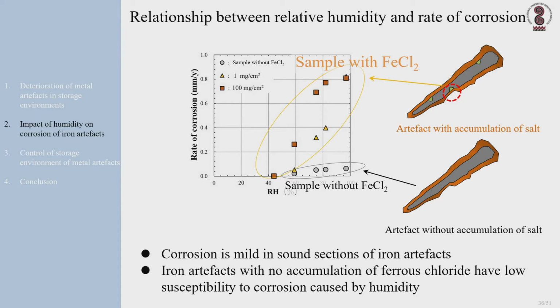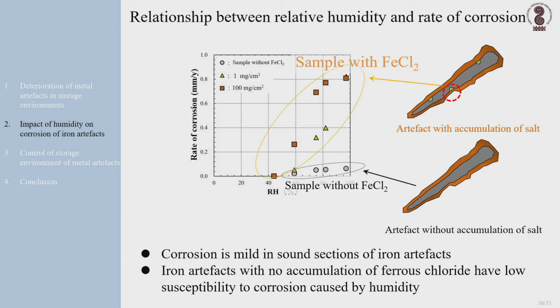In addition, these samples showed a faster rate of corrosion compared with samples with 1 milligram per square centimeter of iron chloride. Samples with salts are believed to imitate iron artifacts inside which salts have accumulated, and samples without salts imitate sound artifacts that have no accumulated salts inside.